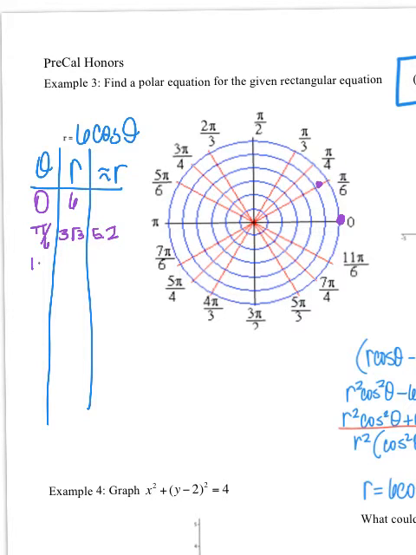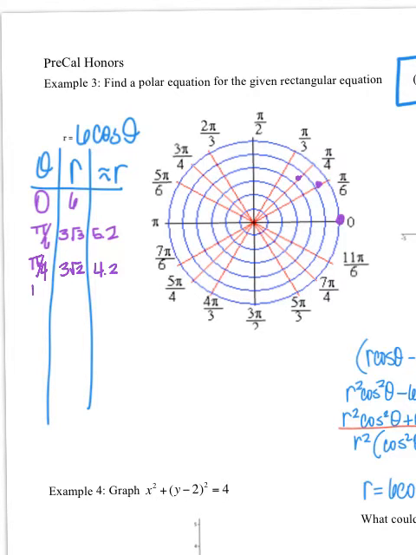And then at pi over 4, we know that cosine is root 2 over 2, so 6 times that would give us 3 times the square root of 2, which is about 4.2. So at pi over 4, we're going to go out about 1, 2, 3, 4.2.